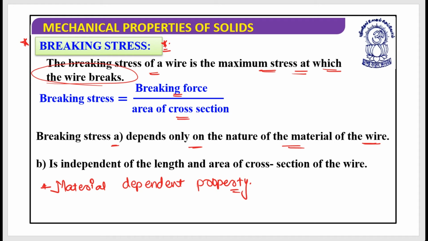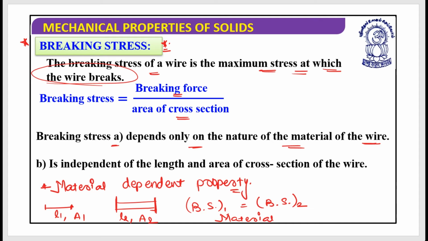When I say material-dependent property, that means if two aluminum wires have been taken, maybe of different dimensions, let's say the first aluminum wire has length L1 and cross-sectional area A1, and this is another aluminum wire. As you can observe, the length and the cross-sectional area are different, but the breaking stress of the first wire would be equal to the breaking stress of the second wire if the material is the same.